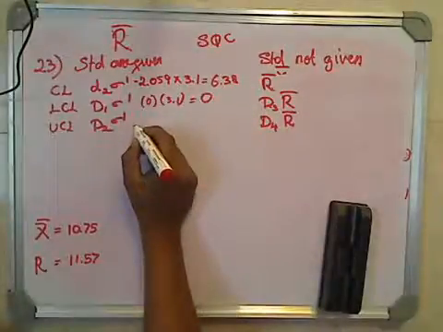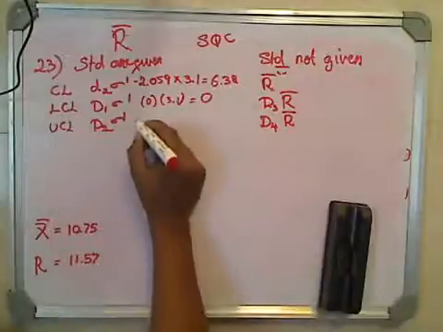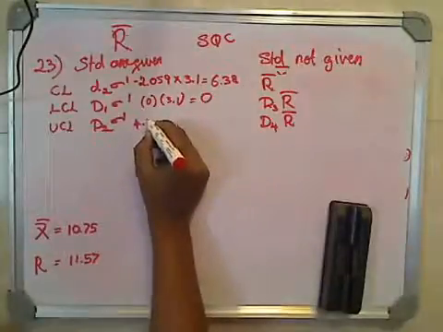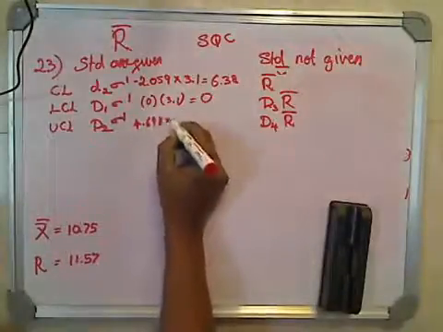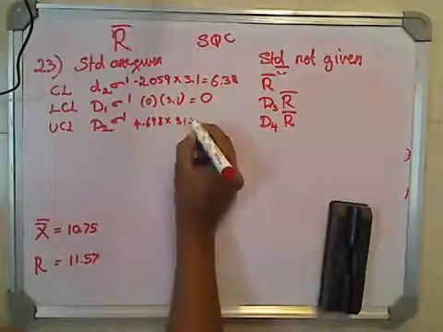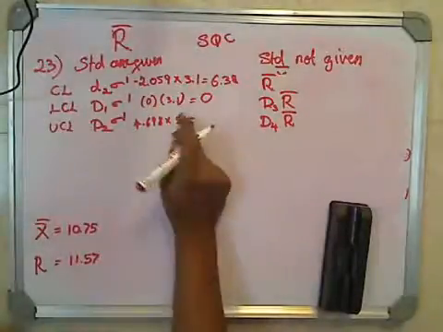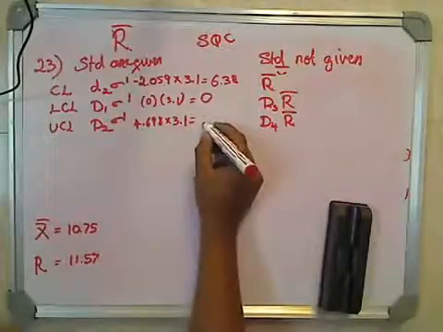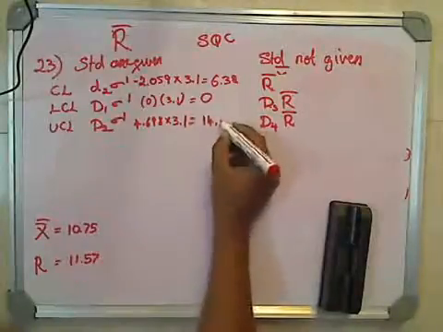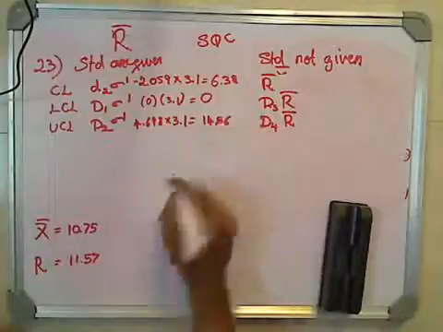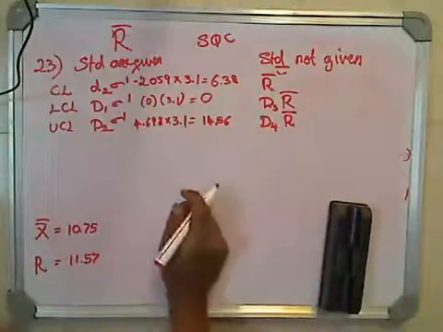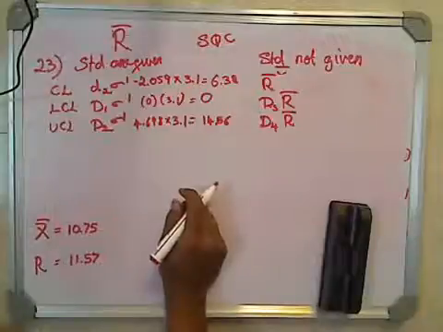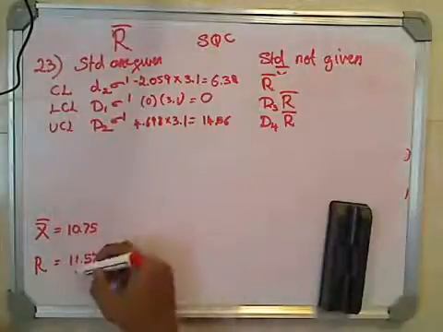And again, D4 here is 4.698 multiplied by 3.1, and you end up getting the value as 14.56. A similar thing you need to do in case the standards are not given. Now you already know the value of R.